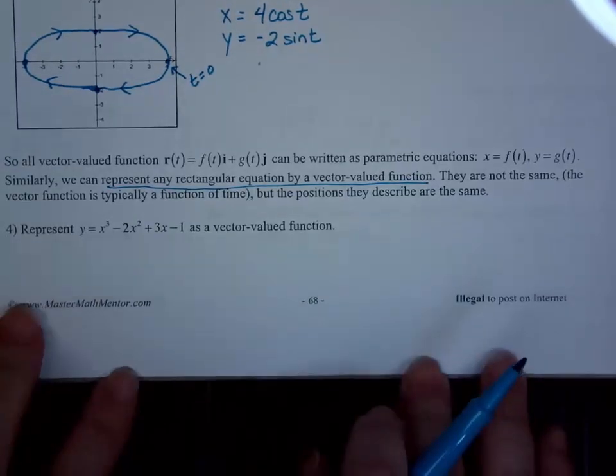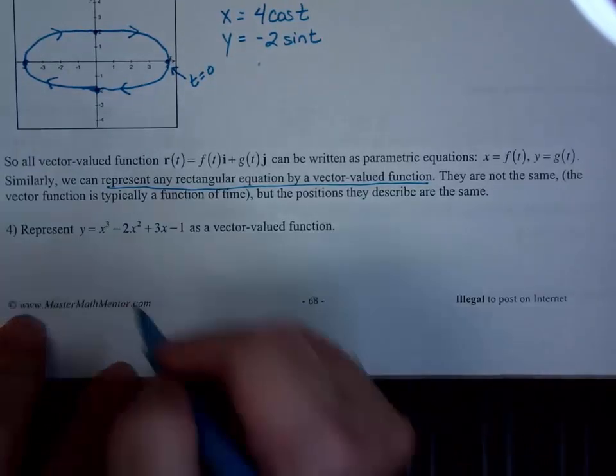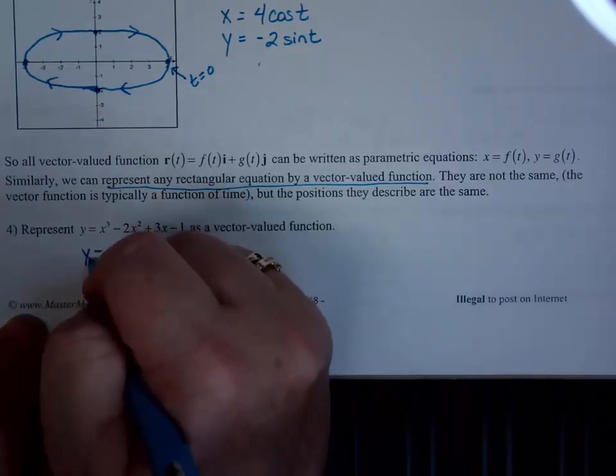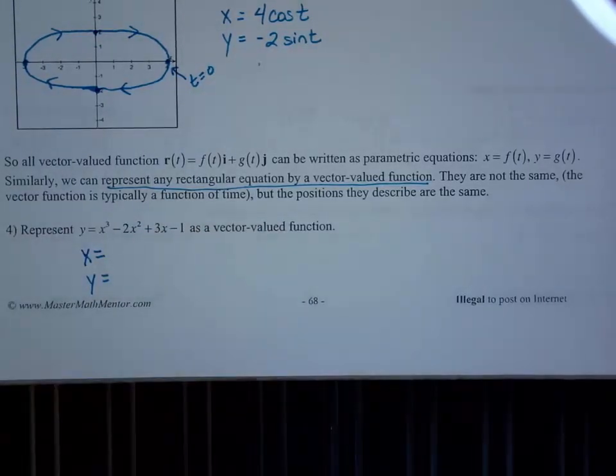It's not very hard. They didn't leave us a whole lot of space. It doesn't take a lot of work. The first thing we're going to do is write it in parametric form, and then we're going to change it to vector form. It's kind of the backwards thing of what we did for the one above. When we did this, we did it really quickly on the day we did parametrics.